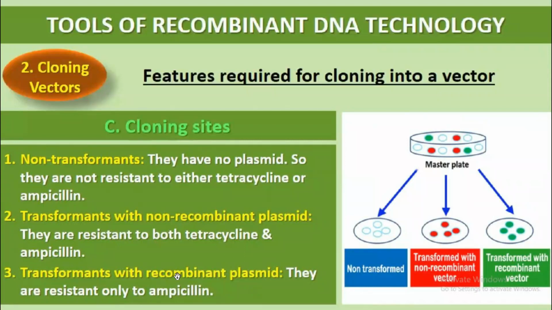So this is used to synthesize the desired protein. Transformants with the recombinant plasmid are resistant only to ampicillin. Why? Because they lost the tetracycline resistance. Why? Because the desired DNA is added into the BamHI site of the tetracycline resistant gene. Okay.